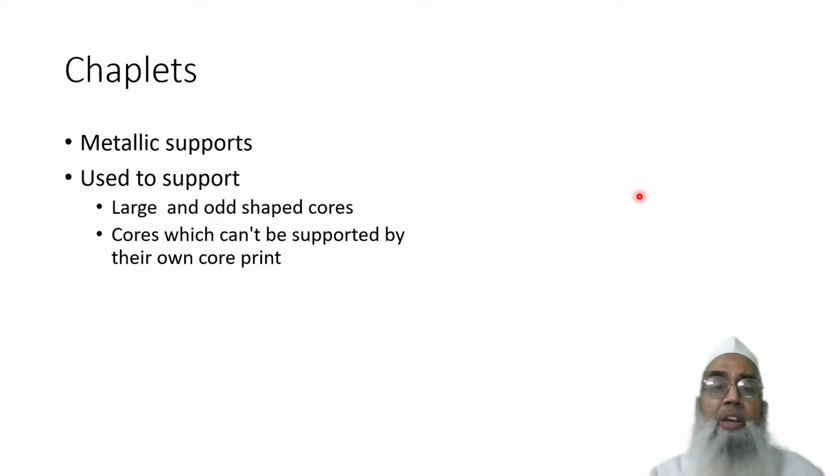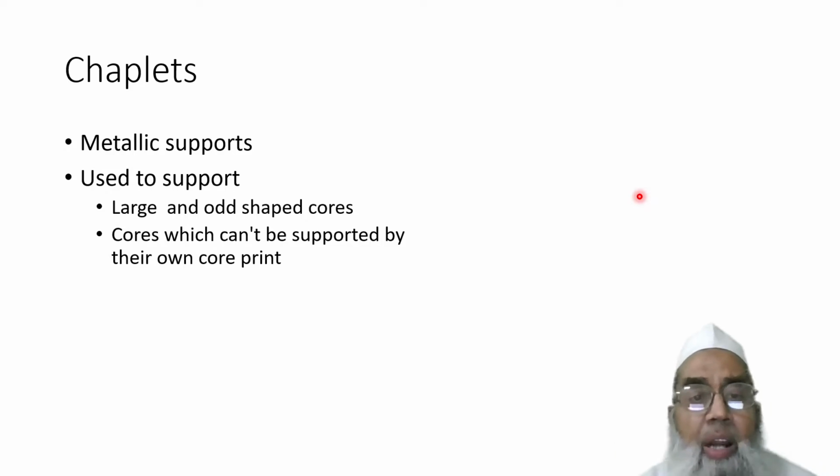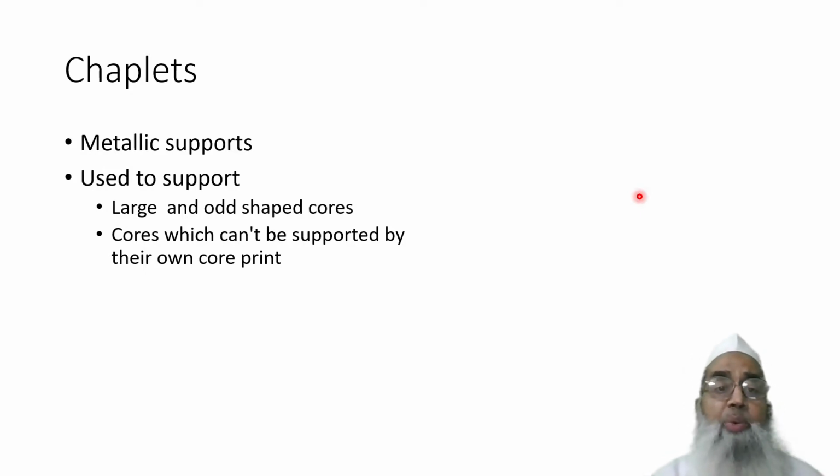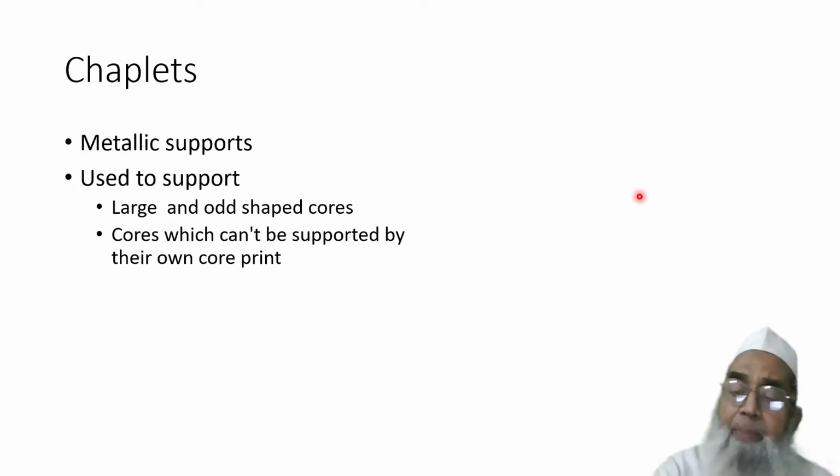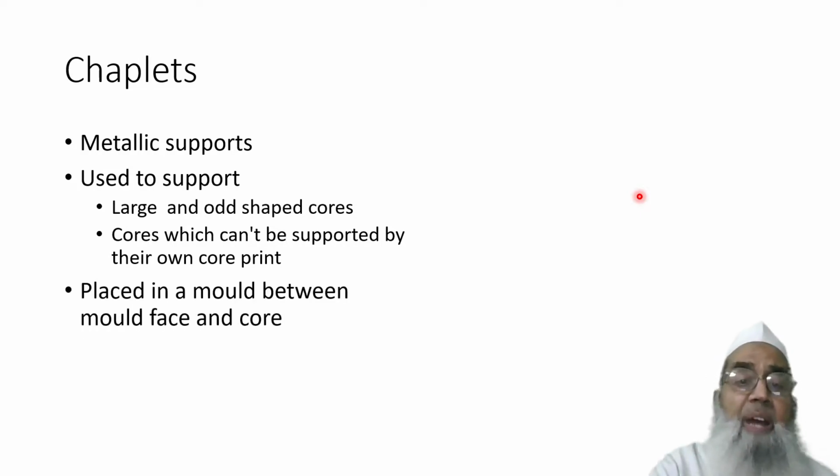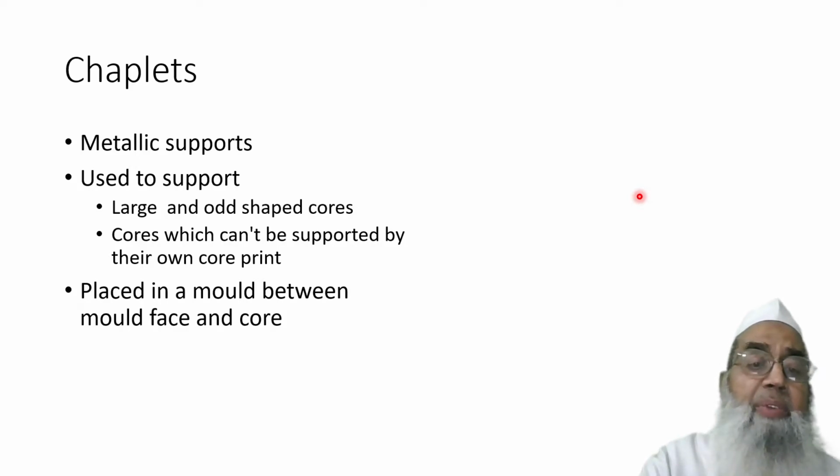Now, if it is large and odd shaped, it is very difficult to give full support, say overhanging, as we saw earlier in the figure. Therefore we need to have some support, and that can be done by using chaplets, placed in the mold between the mold face and the core.